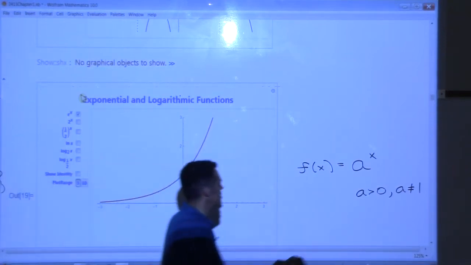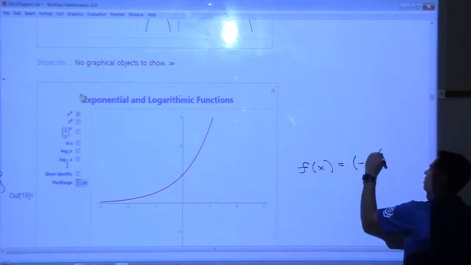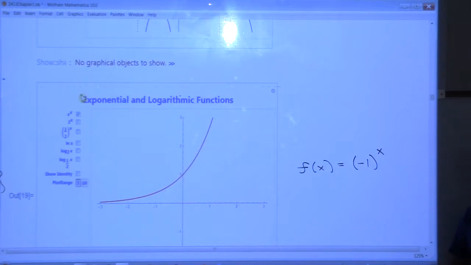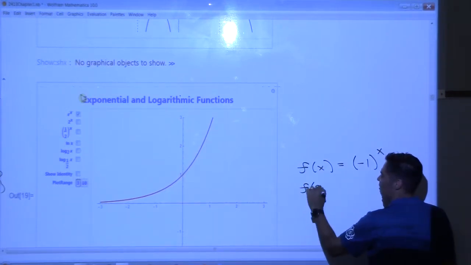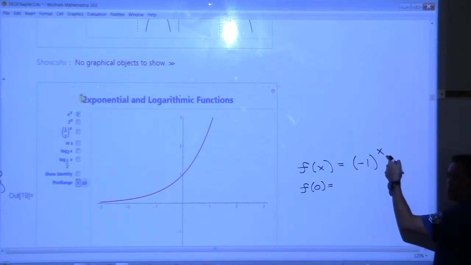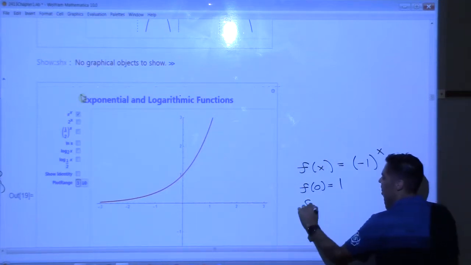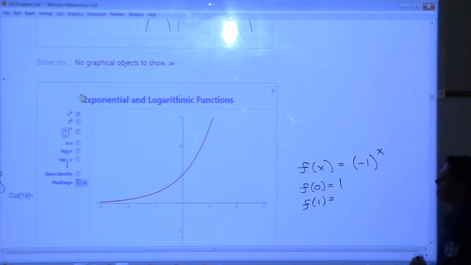But let's try it. What if I said, hey, everyone, let's try and graph this? Can we just try some values? What would f of 0 be? So plug 0 in there. Anything to the 0 is 1. So that would be 1, right? What if we plug in 1? We get -1, right?